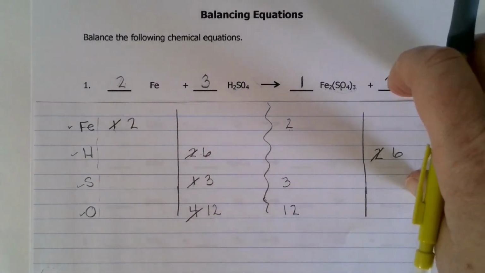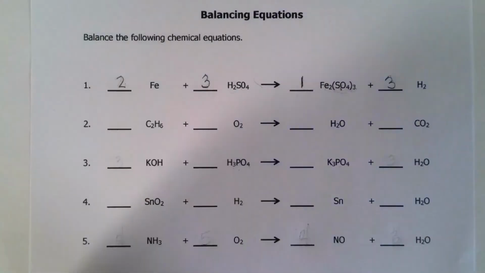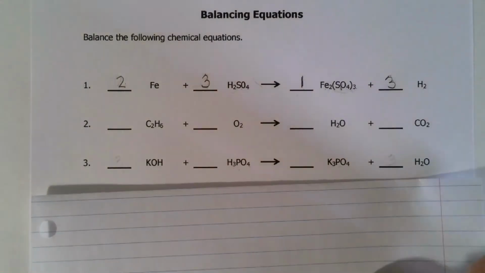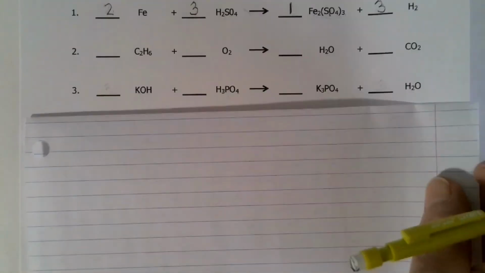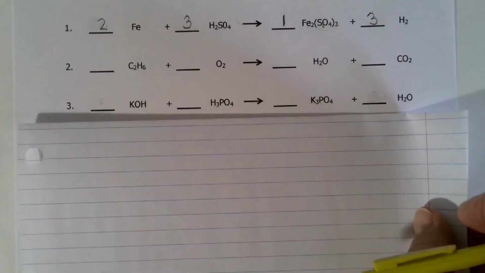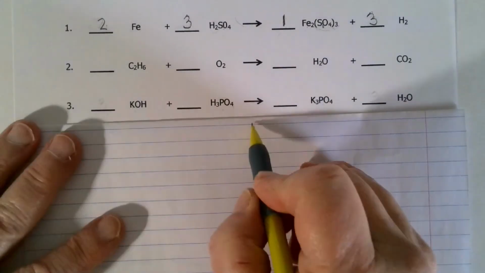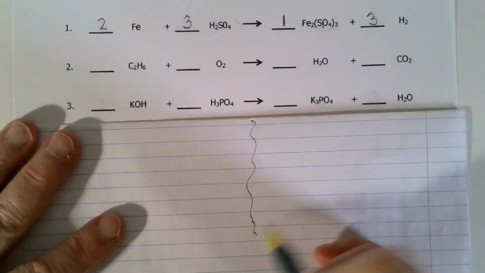Let's try another one. To save paper, I have a tendency just to fold this over and start again, because sometimes it gets a little wonky. All right, let's look at number 3. Again, I go through it. I make my barrier between my reactants and my products.